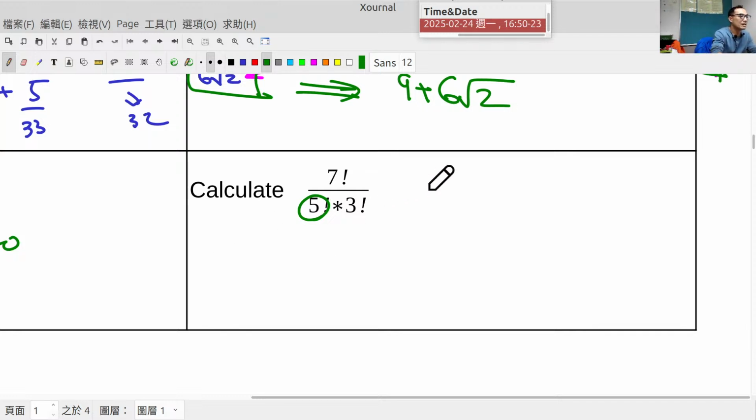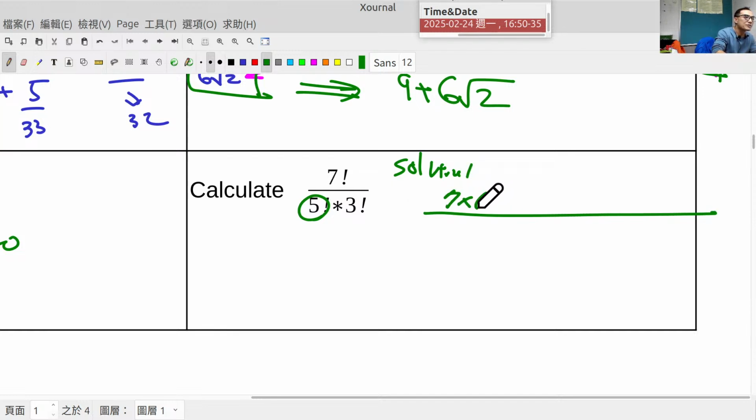Solution 1. Expand it. 7 times 6 times 5 times 4 times 3 times 2 times 1.